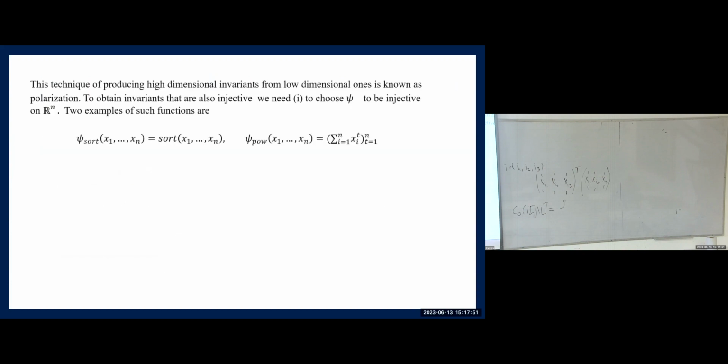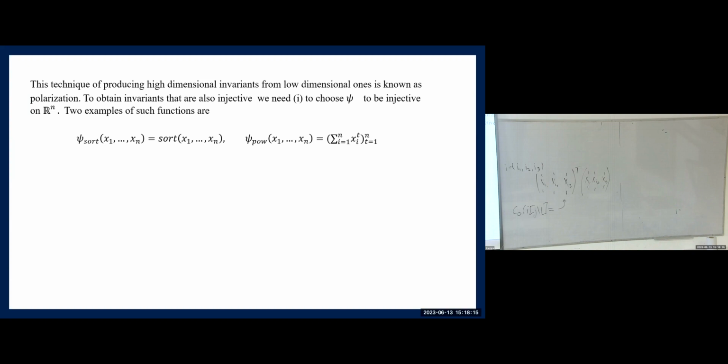What does this look like? We have permutation invariant embeddings in R^n. They're very simple functions. So the sorting function, which is a piecewise linear function in R^n, completely embeds a vector up to permutation.